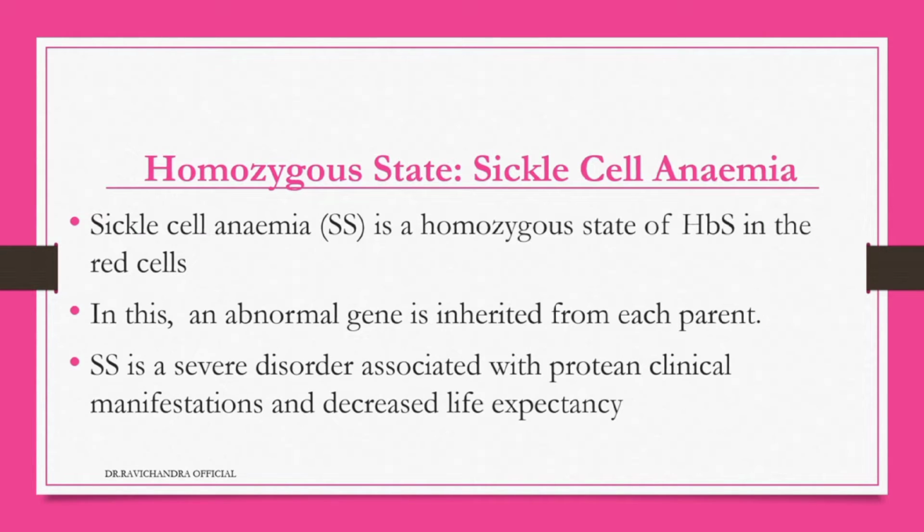Sickle cell anemia or homozygous state: abnormal gene is inherited from each parent, unlike sickle cell trait, where only one is from one parent. So, sickle cell anemia is a severe disorder associated with protean clinical manifestations and decreased life expectancy.